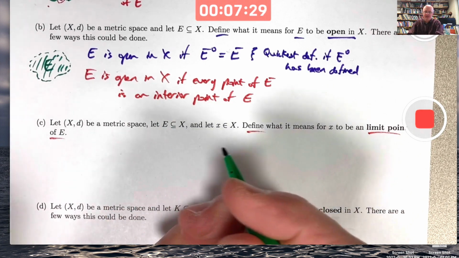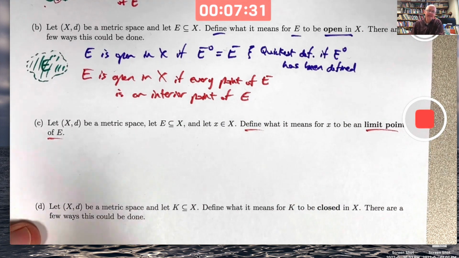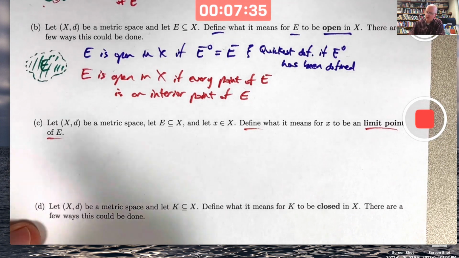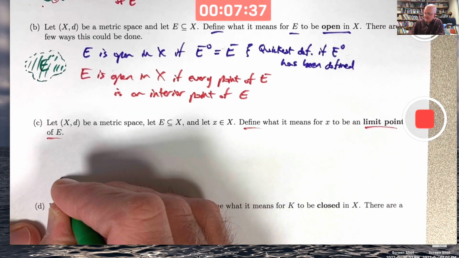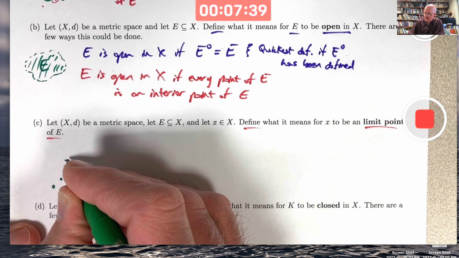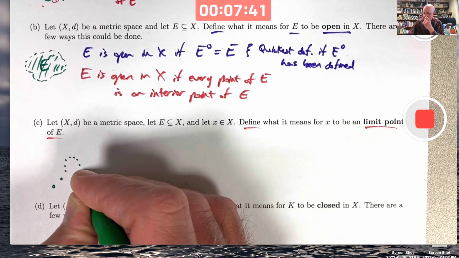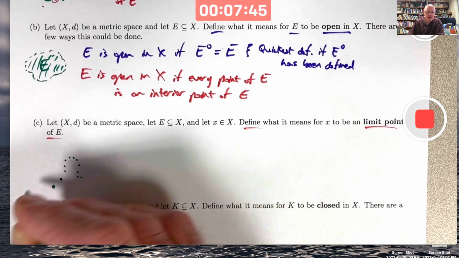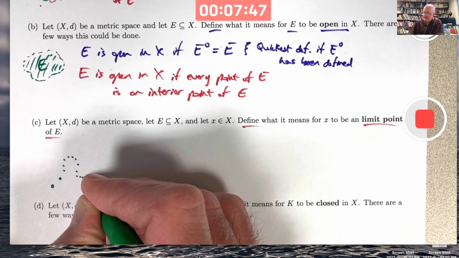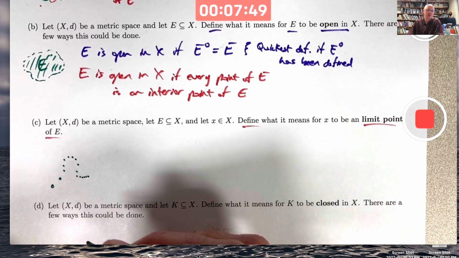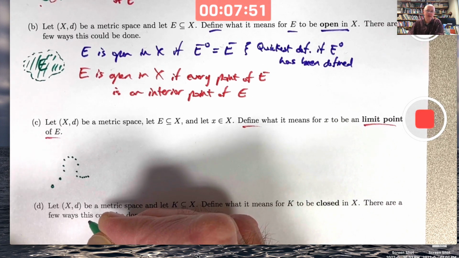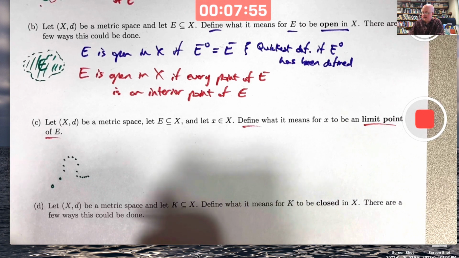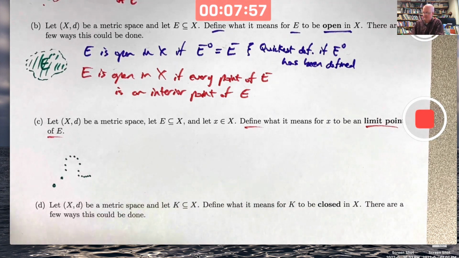E can be any old set, but this is easiest to think about if you imagine E to be a sequence of points. So here we've got some points in the plane, moving around here. And imagine this sequence of points consists of points that get closer and closer together as we keep going, effectively having a limit at some point in the plane, but never maybe equaling that limit.